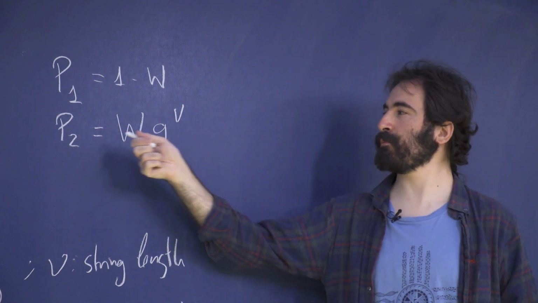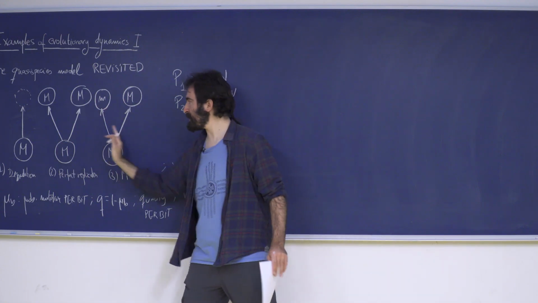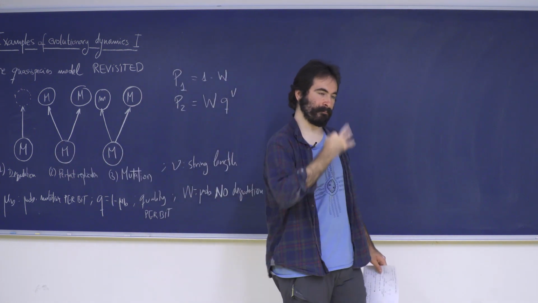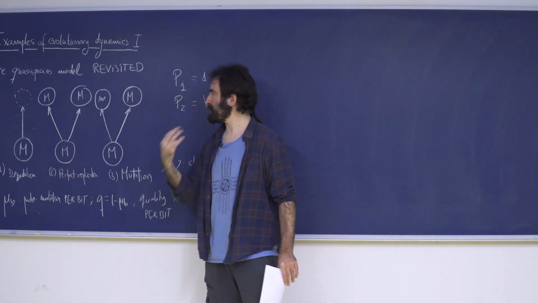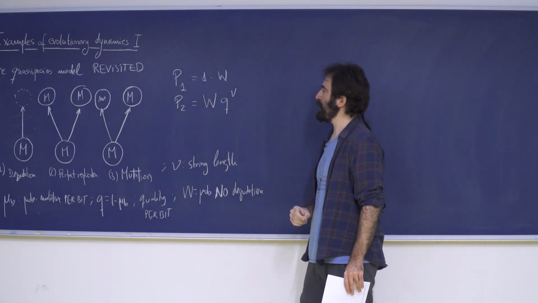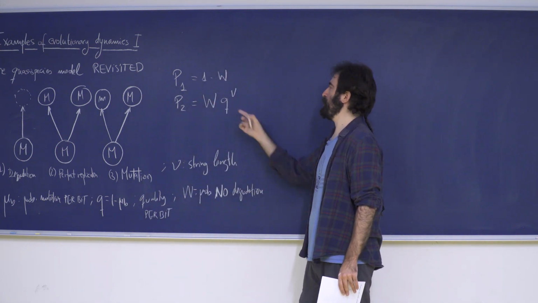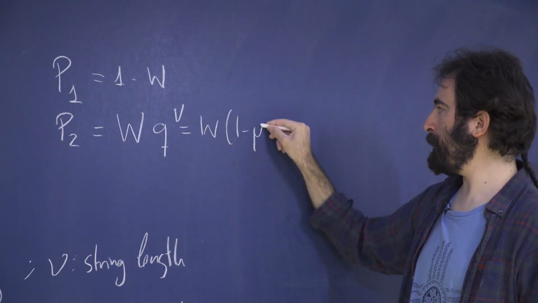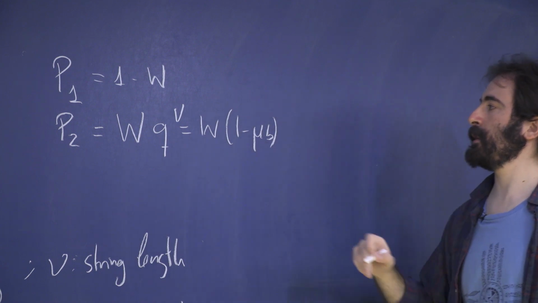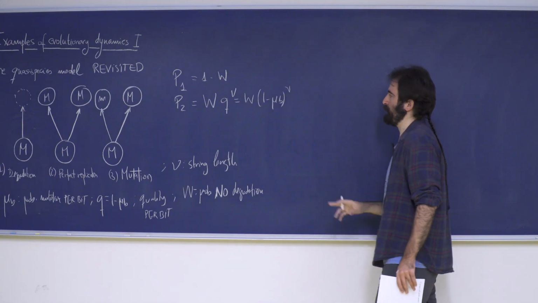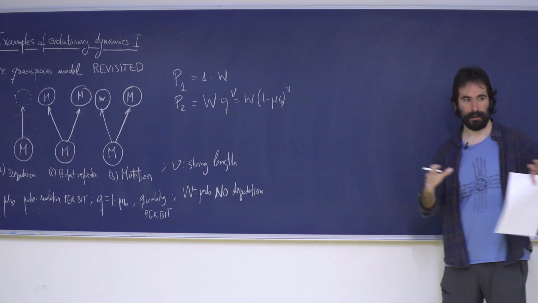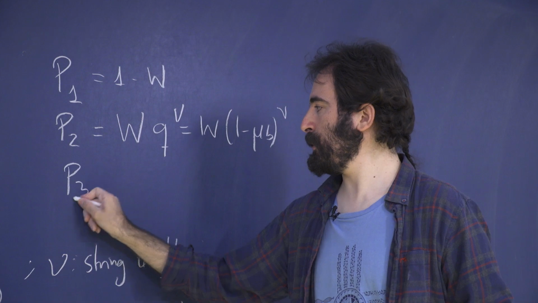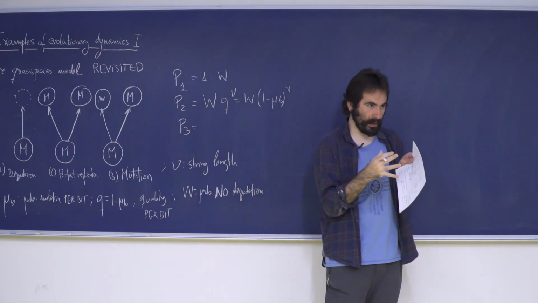And that's what gives rise to the probability that the second sub-process happens, right? So there's a perfect replication. That's the probability for the second process to occur. If you think from before, this is exactly W times 1 minus the probability of a single bit mutation, to the power of nu, right? We've used this before on a completely different approach, but still we're talking about the same problem.